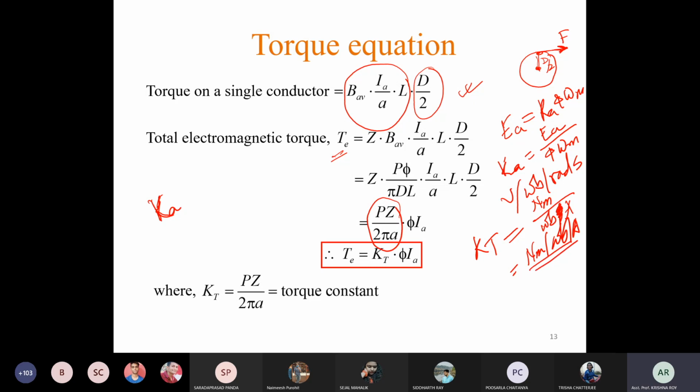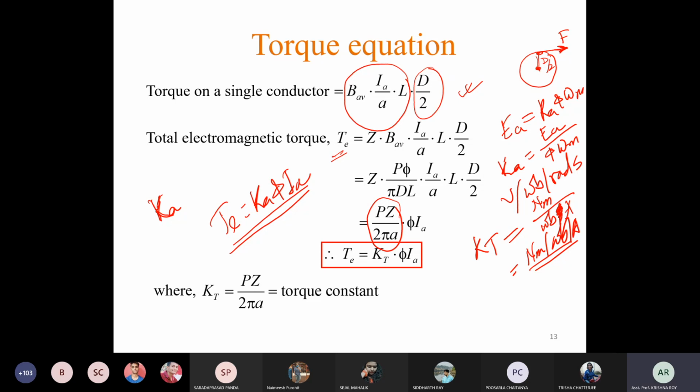So see, their expressions are the same, which means their magnitudes will be the same, but their dimensions are different. That means they have different units. So that is why we need two different symbols to denote them. But since their magnitudes are the same, we can write this also: T is equal to K phi Ia, and sometimes we will be using this expression only.